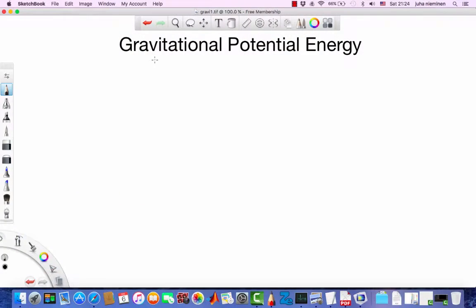Now that we have a basic understanding of Newton's law of gravitation, let's make it do some work for us. So we want to go from point R1 to R2, going up in the Earth's gravitational field.